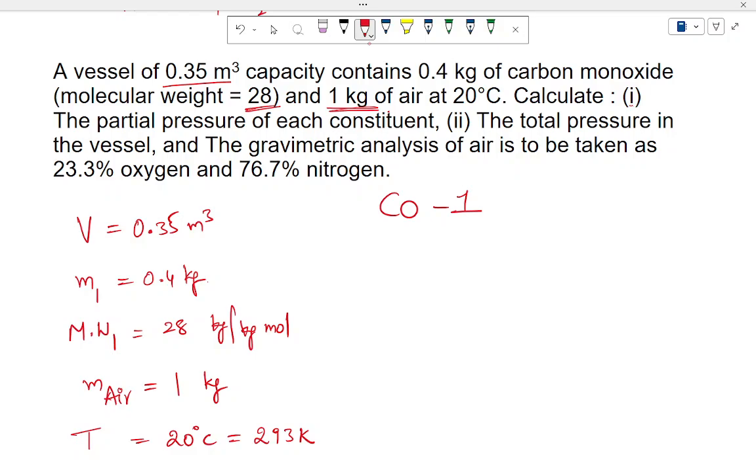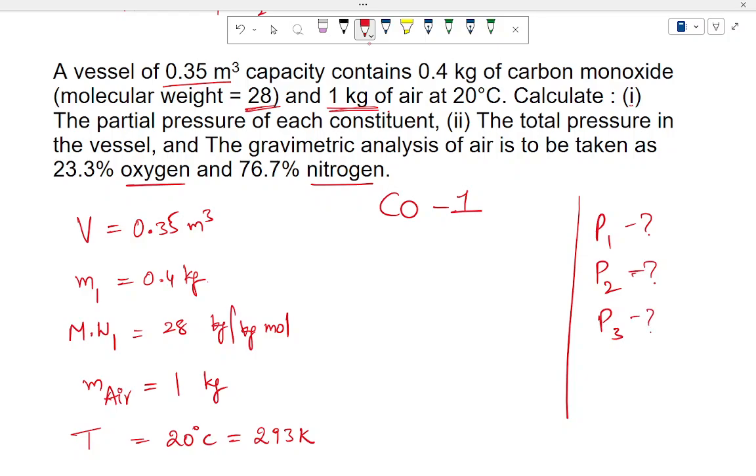So 20 degrees centigrade is clear, and he's asking you to calculate the partial pressure of each constituent and the total pressure in the vessel. What he's asking is the pressure of one, the pressure of the other gases. Actually there is oxygen and nitrogen also, so you will have P2 and P3 also here.